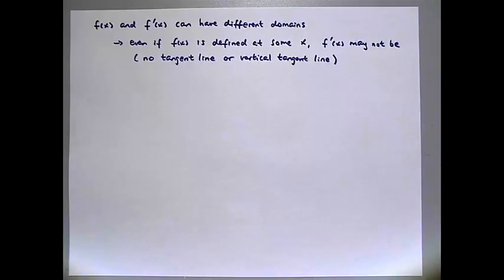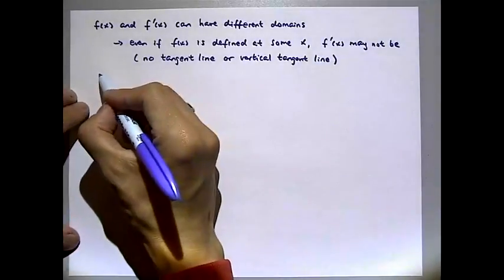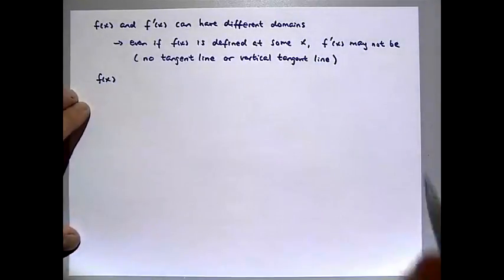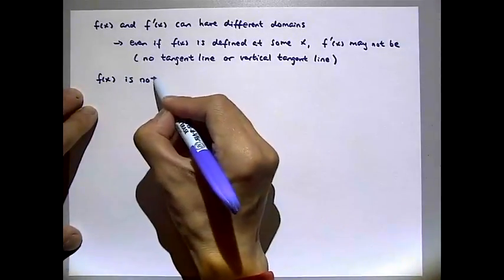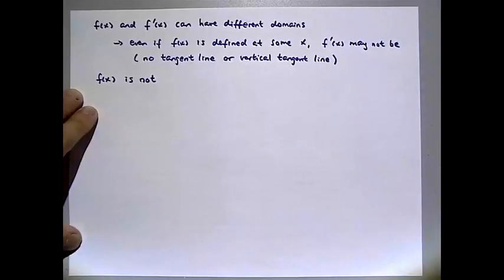So let me list some requirements for f to have a tangent line. Rather, I'll list things that can break f.